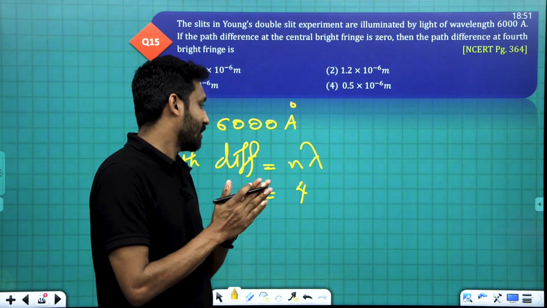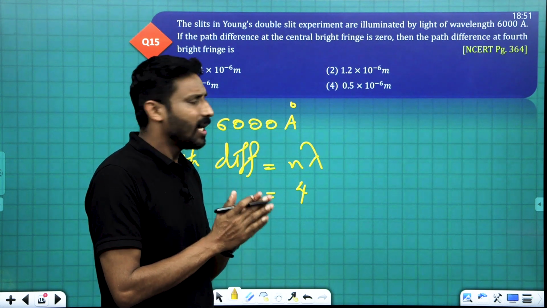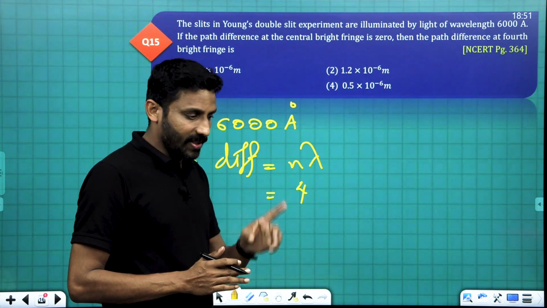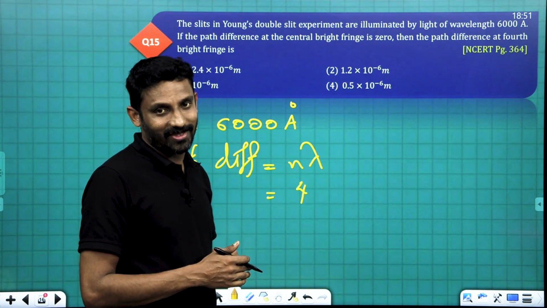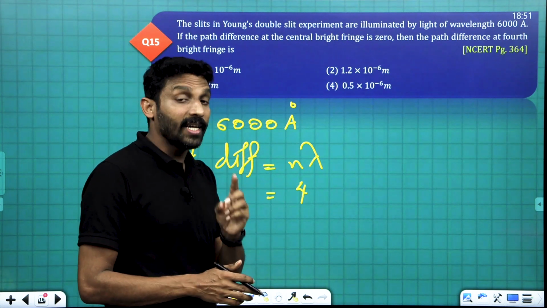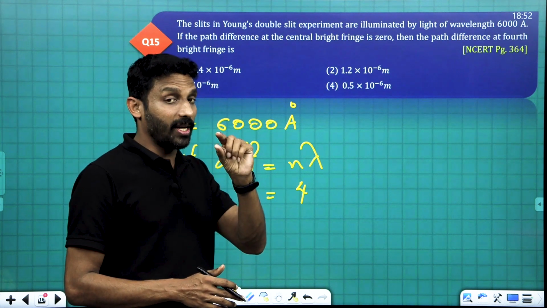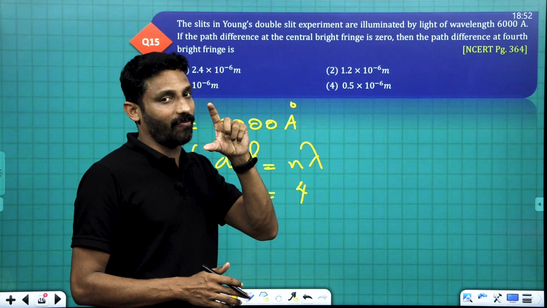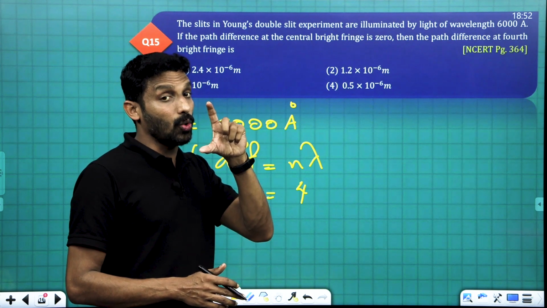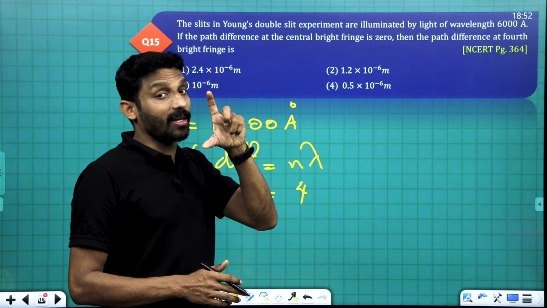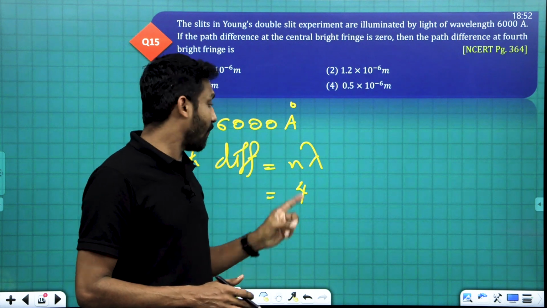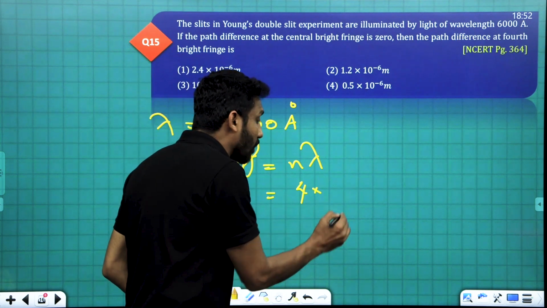If n is equal to 0, it is the central bright fringe. If n is equal to 1, it is the first bright fringe; after the central, there will be a minimum, then the first bright fringe. Then n is equal to 2, after the second darkness, there is the second bright fringe. If n is equal to 4, there is the fourth bright fringe.